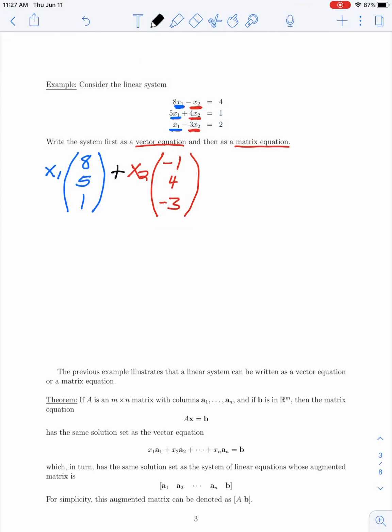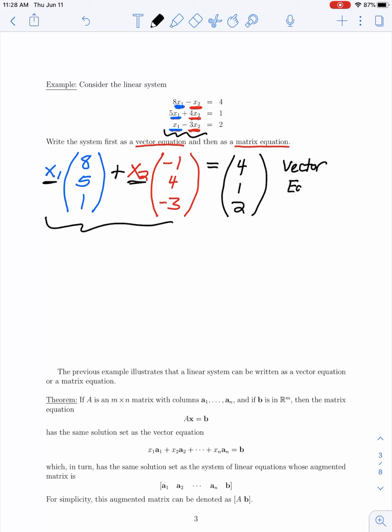And then this is equal to a 3x1 column vector, where my entries are the constants on our right-hand side, 4, 1, and 2. And you can see, of course, if you were to distribute these weights, x1 and x2, to each vector and take the sum, you would get exactly the expression on the left-hand side of these 3 equations. So what we have here first is our vector equation.